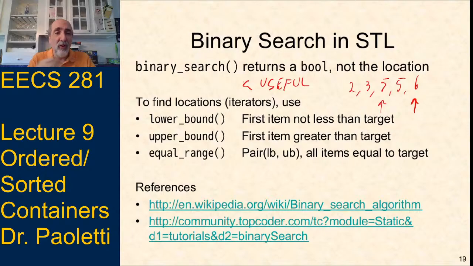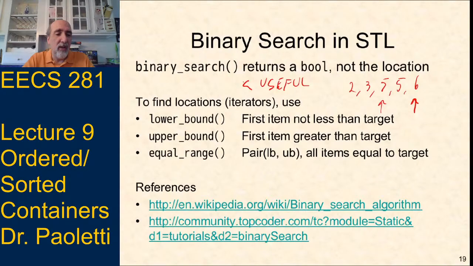And so if you're looking for where are the 5s, you could do a lower bound and an upper bound, get inclusive, exclusive iterators to the beginning and the end of the 5s. But hey, there's also an equal range that does both at once. So you really wouldn't do upper bound followed by lower bound.